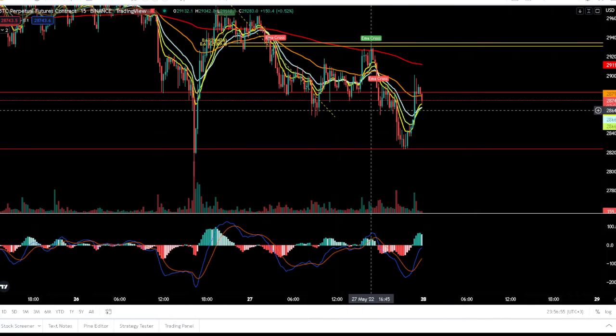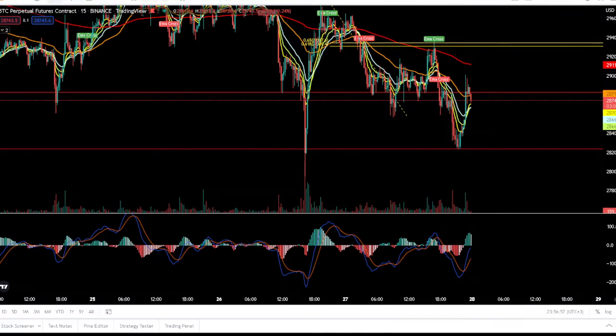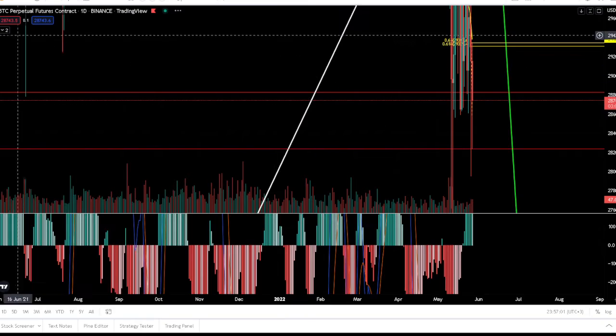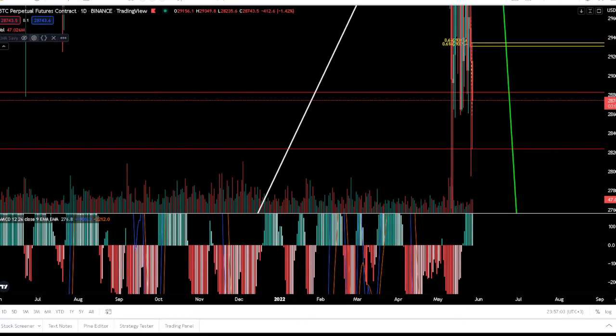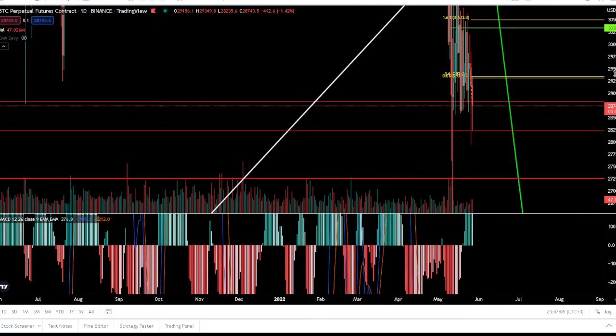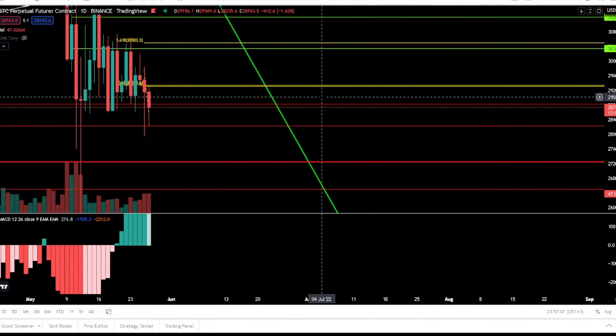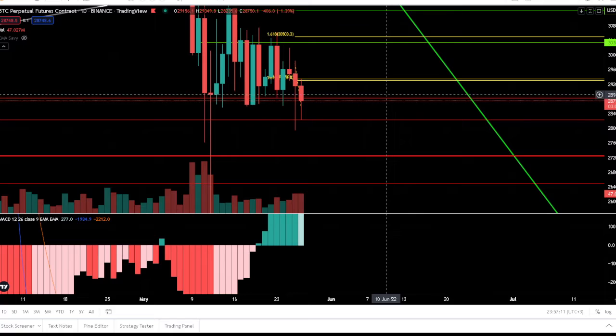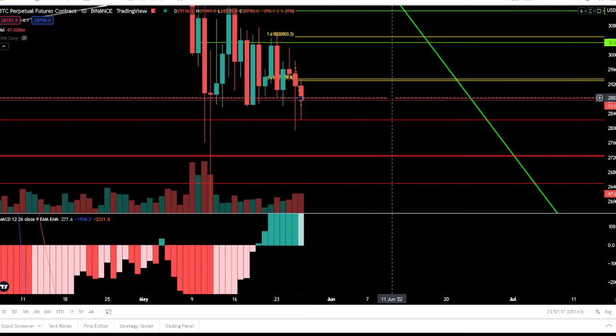Another thing is that we broke a significant level of support that has been there for the past, let's pull up the daily, switch off the EMAs. We were forming a significant support level somewhere around 28.6. We had a good support at 28.6.